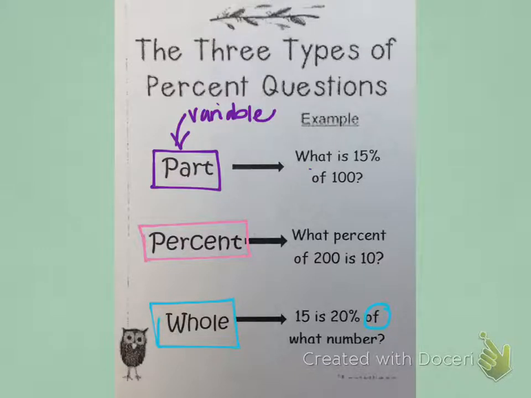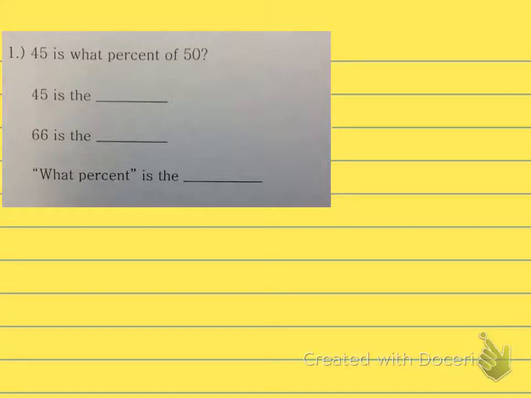So I'm going to show you exactly what I'm talking about. We're going to use these keywords, part and is, percent, and that's just flat out percent, what percent, and then the of for the whole. So number 1 says, 45 is what percent of 50?